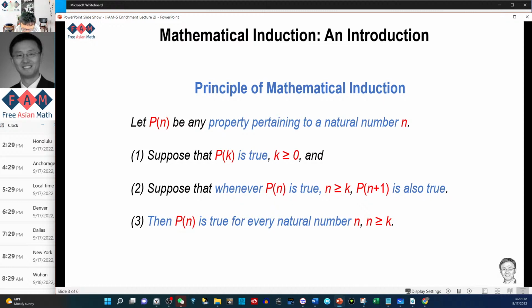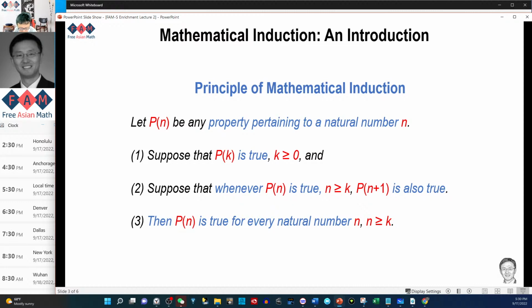So let's just suppose at this initial natural number k, this property is true. Remember, k is just our initial natural number. It can be 0, but sometimes it can be 1 or even greater than 1, 2, 3. Doesn't matter. As long as this Pk is true for this very first natural number, then this is a hypothesis.